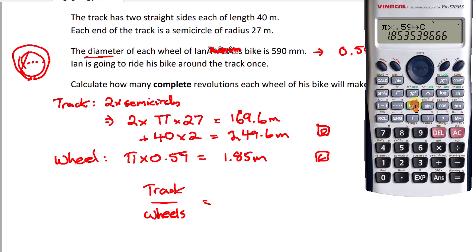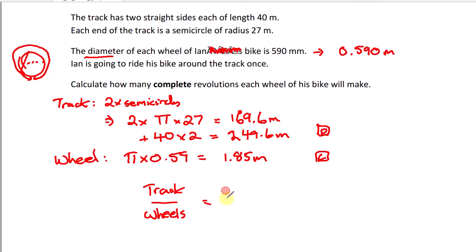Store into C, and then to do my calculation, I'm going to do D divided by the number of wheels, which was stored in memory C. So the total distance around the track divided by the number of wheels, cycles, and that's going to tell me 134.68 times.